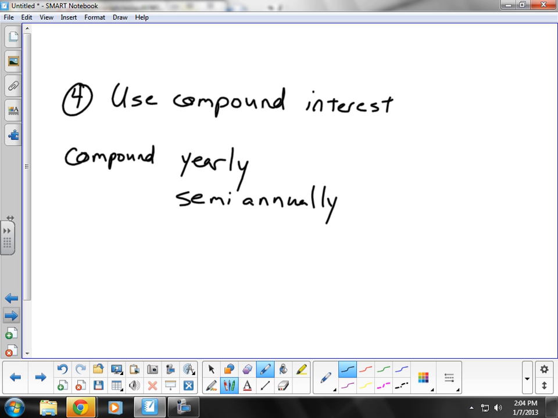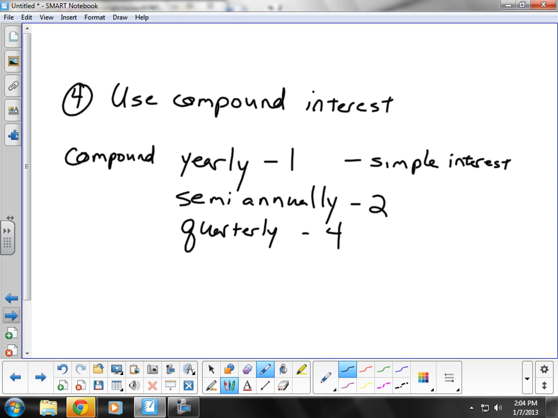Semi-annually means they're going to do it twice that year. They could do it quarterly. What does that mean? How many times are they going to figure the interest? 4 times. Quarterly they're going to do it 4 times, semi-annually 2, and yearly we're going to do it just once. That's called simple interest, by the way. It's just done yearly. And then we have monthly.